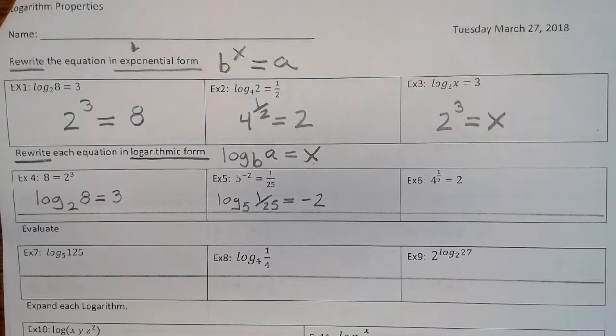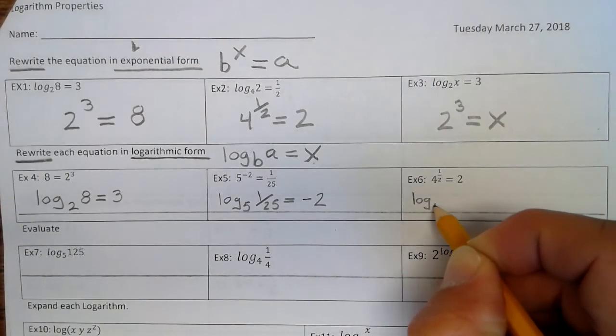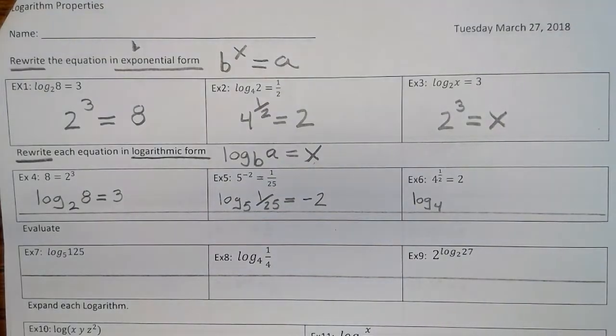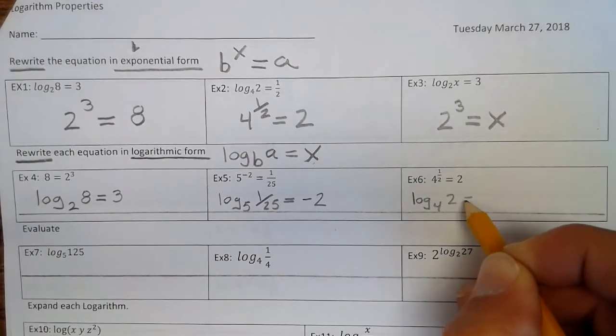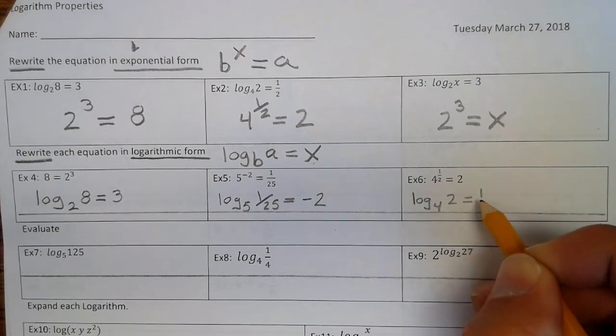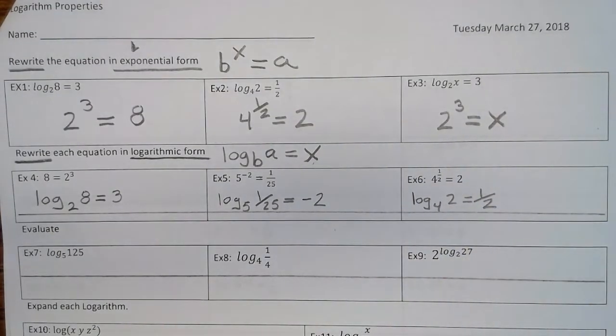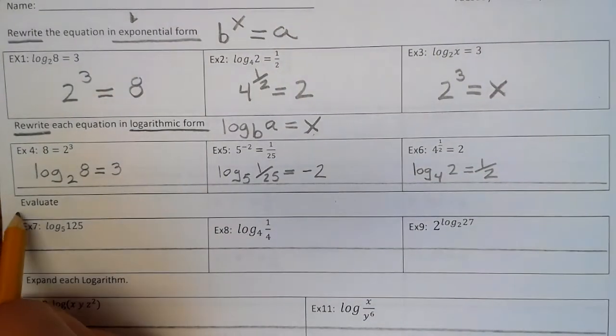All right, example 6. So again, log base 4. The a value is 2, and the x value is 1/2. All right, so now we're going to evaluate.